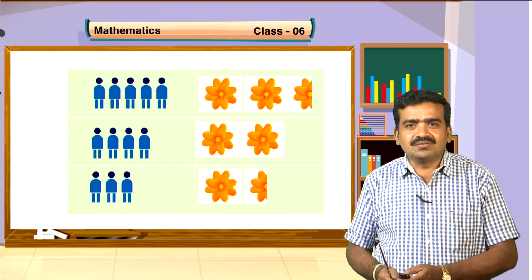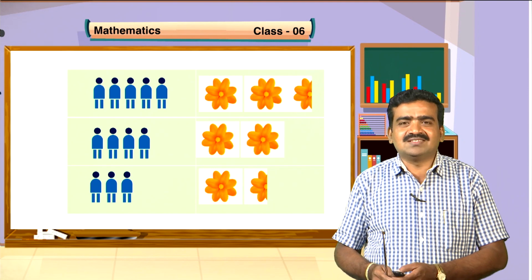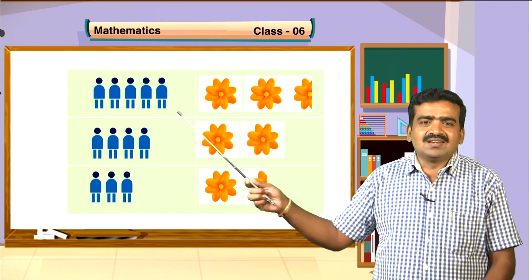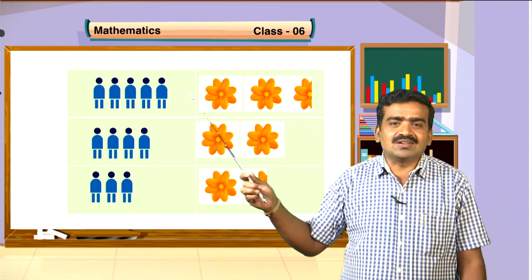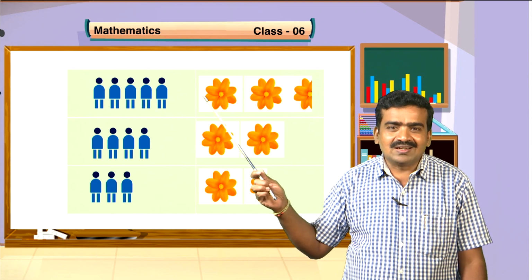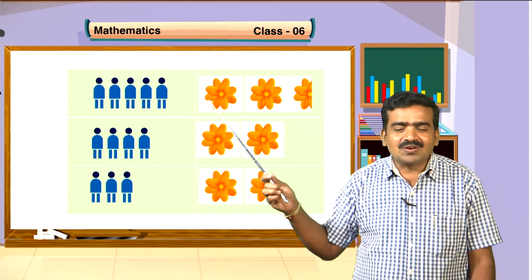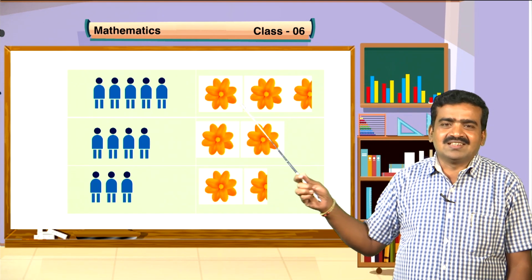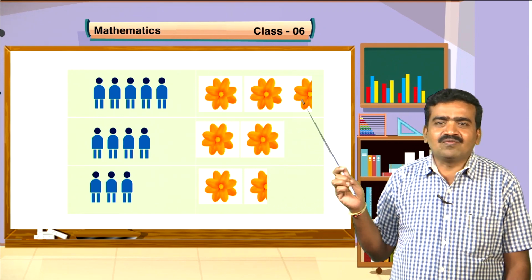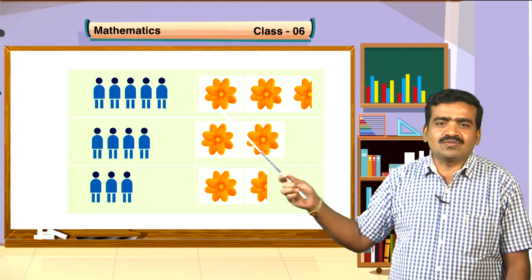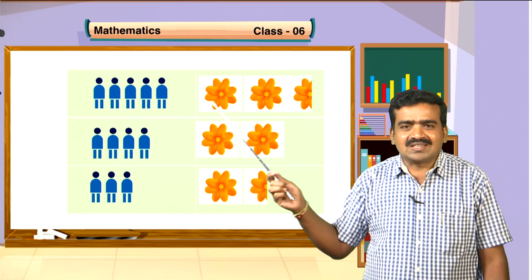See, this is how we are going to represent the data using pictures. Here there are 5 students. If you consider one flower for 2 students, the 5 students are going to be represented like this. So, here one flower indicates 2 students, which means half a flower indicates 1. So, therefore, 5 students can be represented like this.